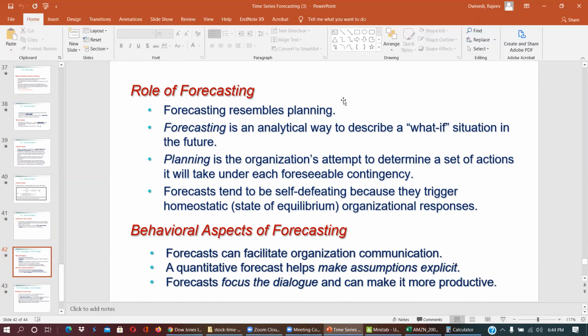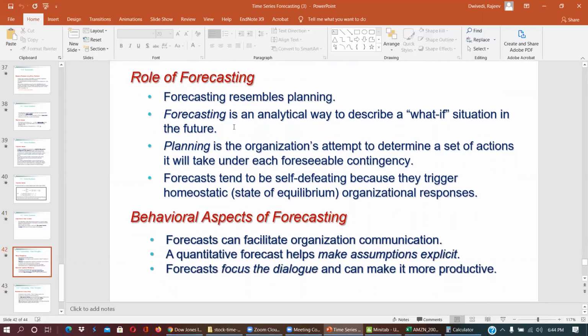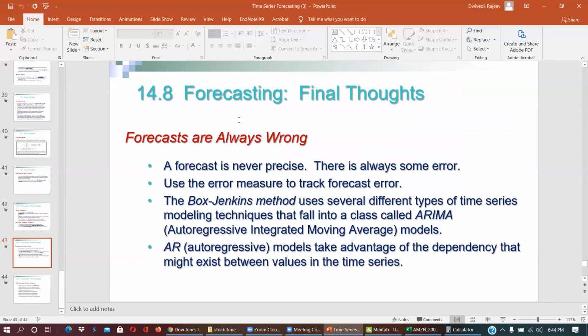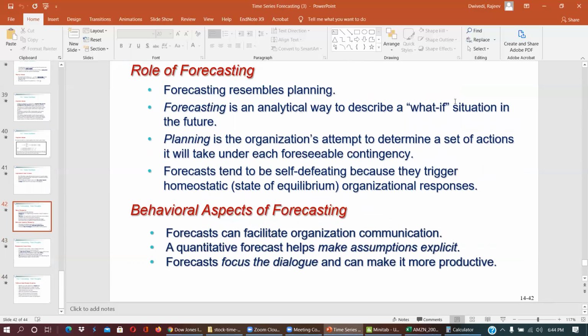So these indexes are important. These are other things which you can think of.